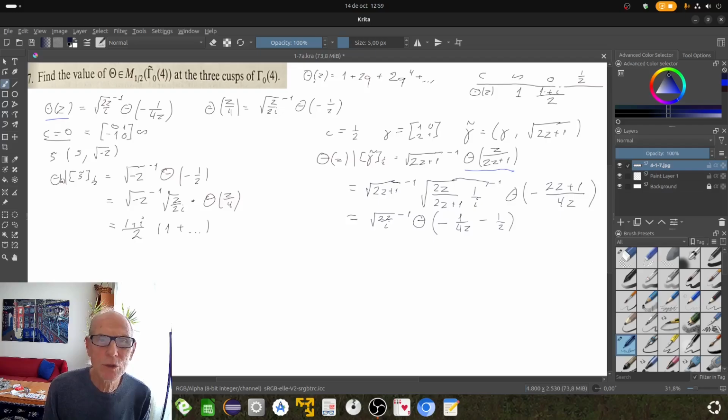Now, what does it do to theta to translate it 1/2? Then this guy changes sign. That's an entirely new function.